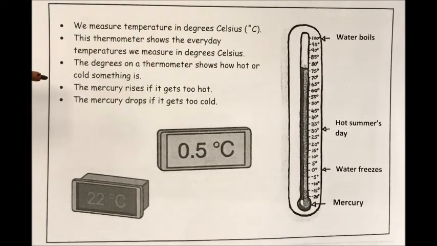The degrees on a thermometer shows how hot or cold, highlight hot, cold. The mercury rises if it gets hot, highlight rises, hot. And then the mercury drops if it gets too cold, highlight drops, cold. So that's the relationship you have to see. It goes up when it's warm and it goes down as it gets colder.